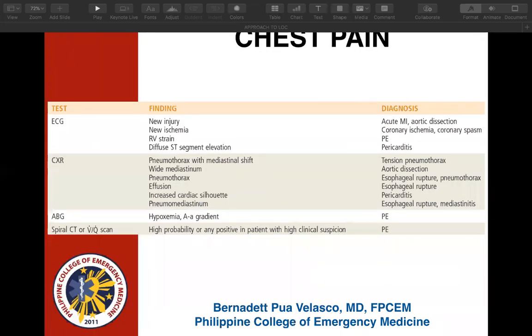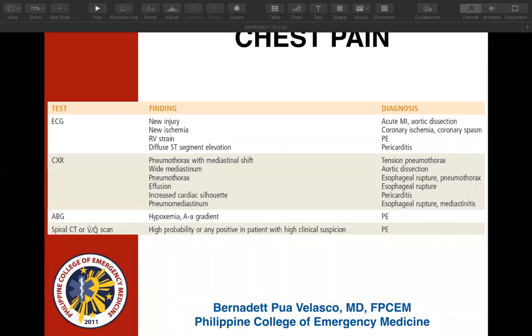Now, the two most important diagnostic modalities that you need to do in a patient presenting with chest pain are, of course, a 12-lead ECG and a chest X-ray. ECG will help you rule in or out acute myocardial infarction, aortic dissection, ischemic changes in your cardiac muscles, coronary spasm, pulmonary embolism, and pericarditis.